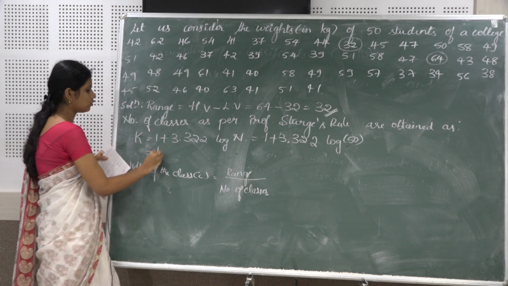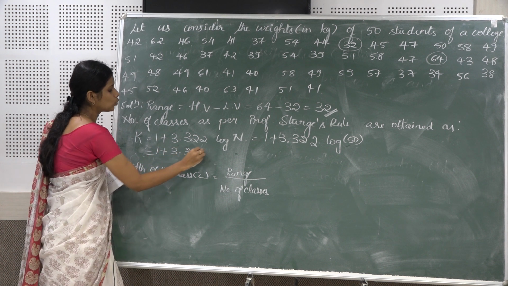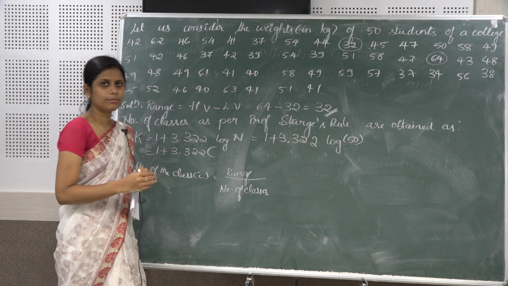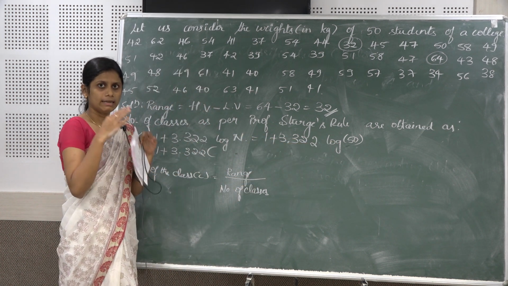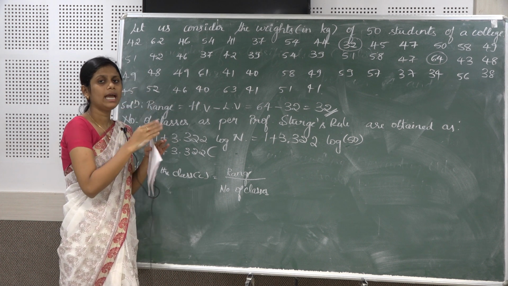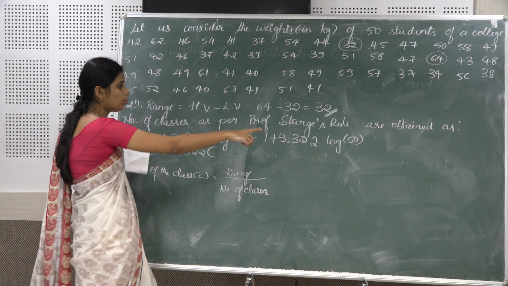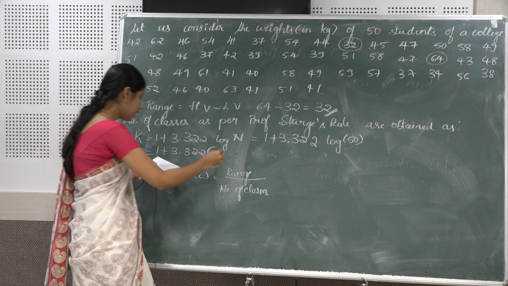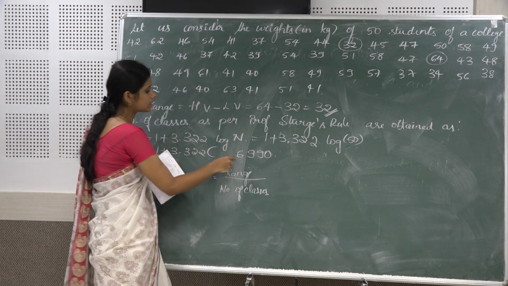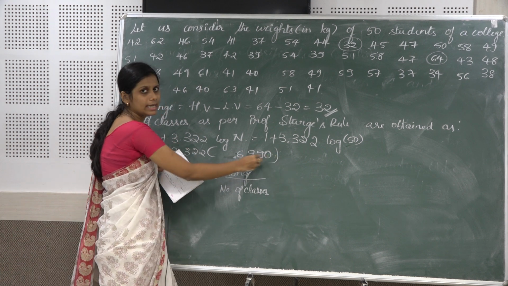First find the log value. So this will be as it is, 1 plus 3.322, and first we find what is log 50. In your log table, open the log page where, in the first column, you see 50, and check the value in front of that. In front of 50, the value is 6990, which is the decimal part, after the point.